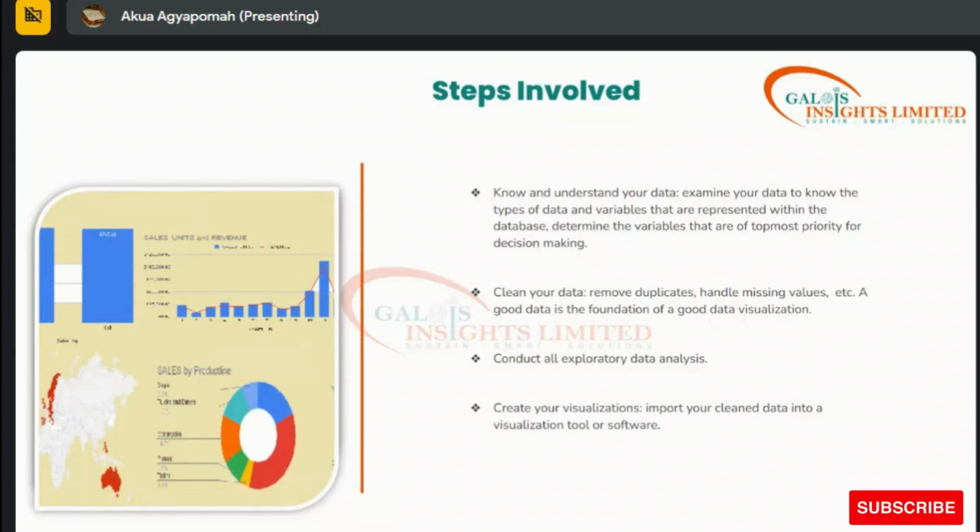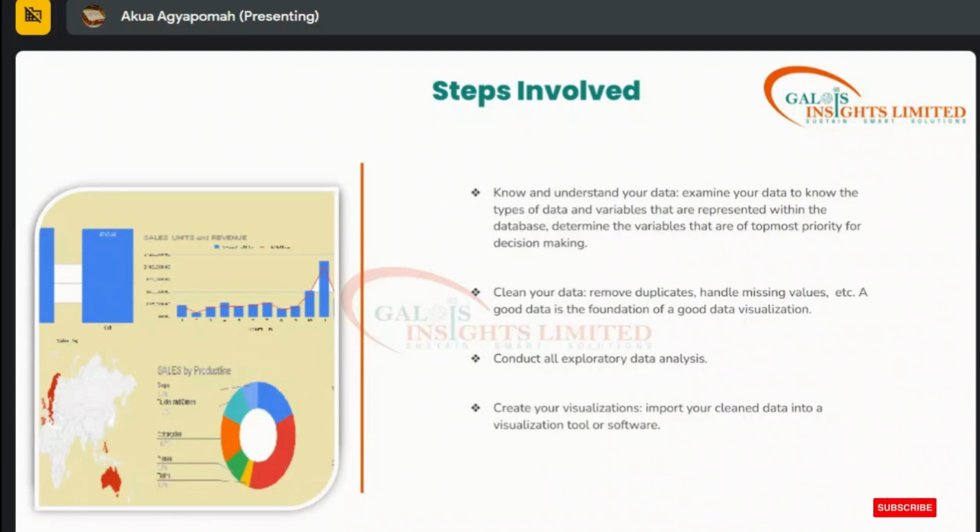You remove all duplicates, you handle missing values, and all the other things when it comes to cleaning data. Good data is the foundation of good data visualization. If you don't have clean data and you move ahead to display information, you might be bringing out incorrect information.